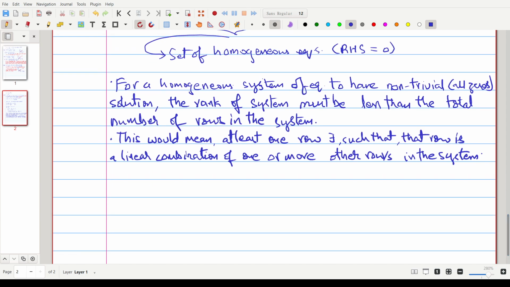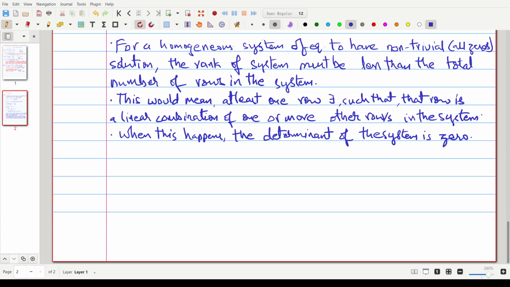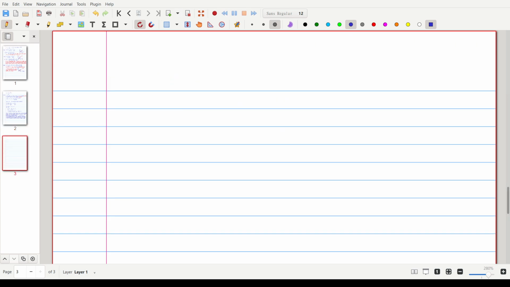And when this happens, the determinant of the system is necessarily 0. Having said this, we implement it here.